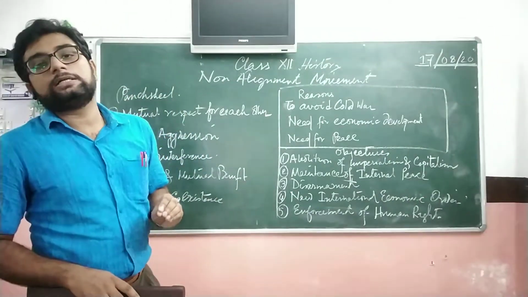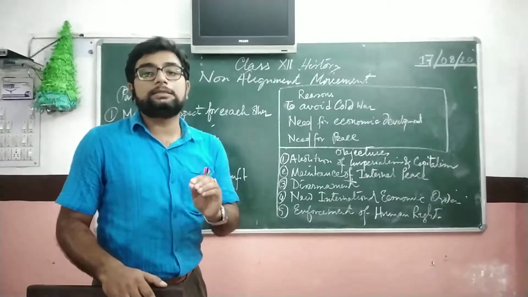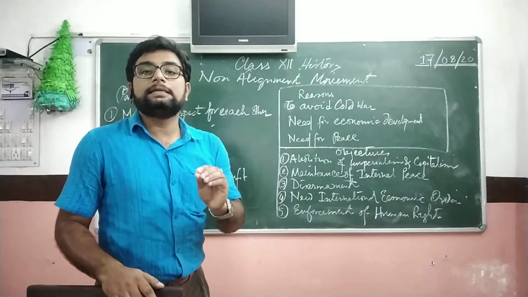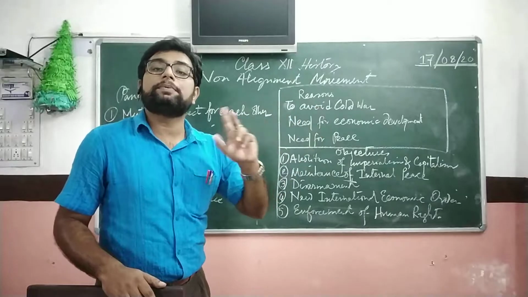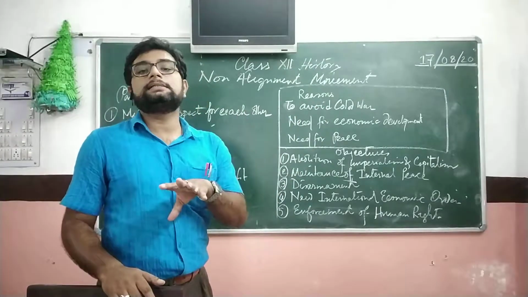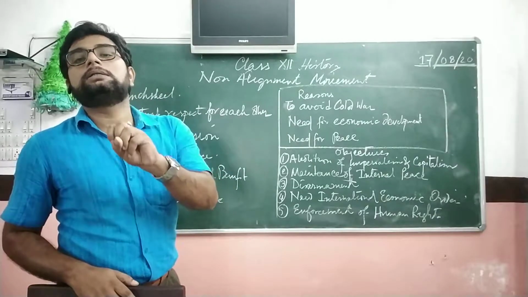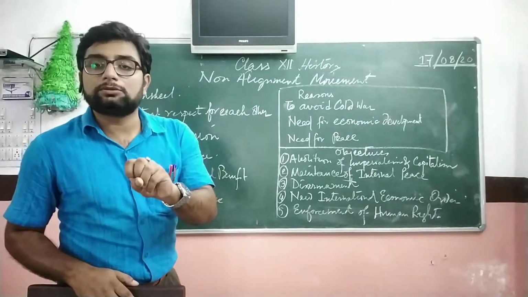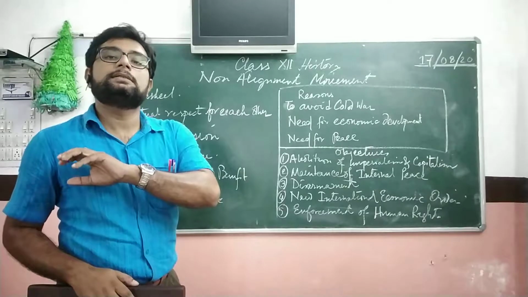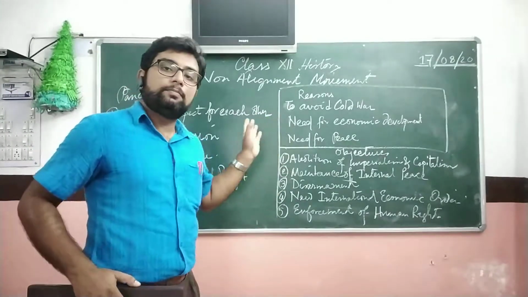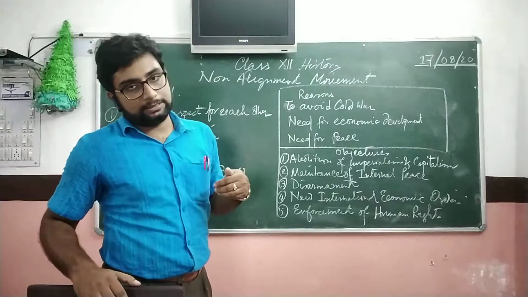They signed a treaty that both countries will not interfere in the internal matters of each other. The internal matters will remain solely under the control of that particular country. That is none of the business of either China or India.